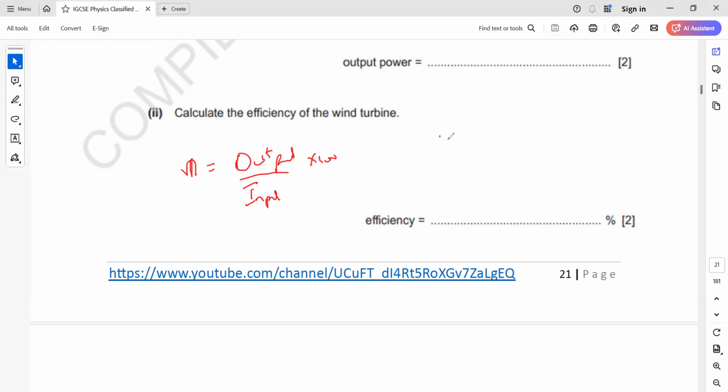So how much is a useful power? That was 22. And what was the total power input? 240 and multiplied by 100. So the efficiency of this turbine is 9.2%. Because it is taking the kinetic energy of air and converting into electrical energy.